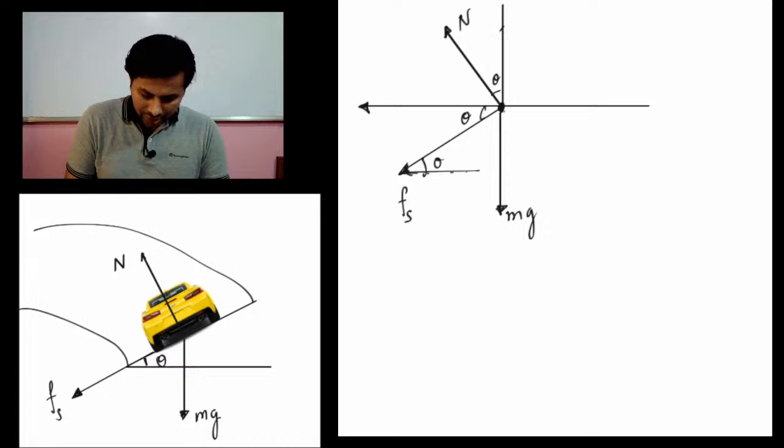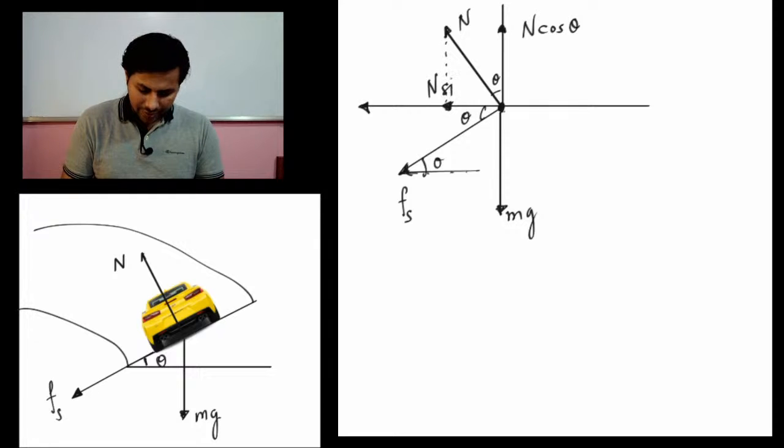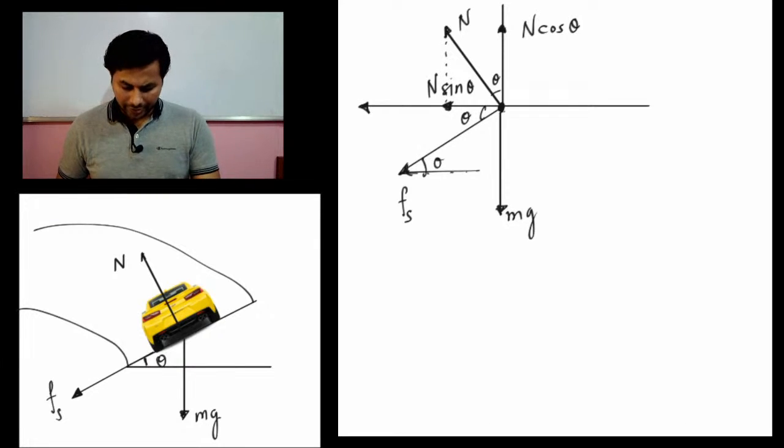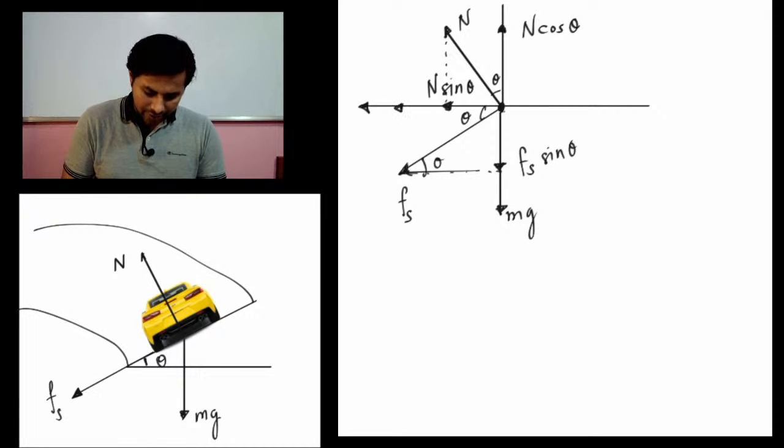So this component will be N cos theta, and this component will be N sin theta. Similarly for Fs, this component is Fs sin theta, and this component is Fs cos theta.